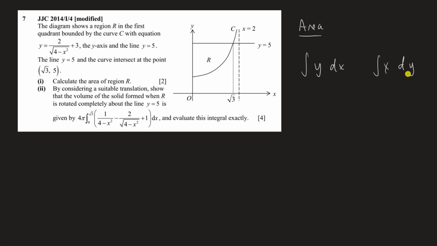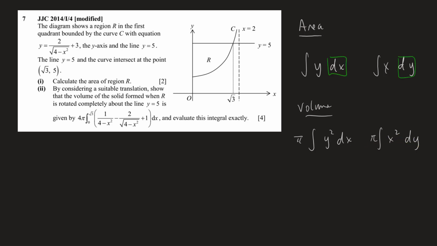Later I will show you how. To find volume, there are also only two formulas you have to remember, which are this, or pi integrate x squared dy. You don't have to work very hard to memorize these because it's really just this easy: integrate y dx, integrate x dy, pi integrate y squared dx, pi integrate x squared dy.